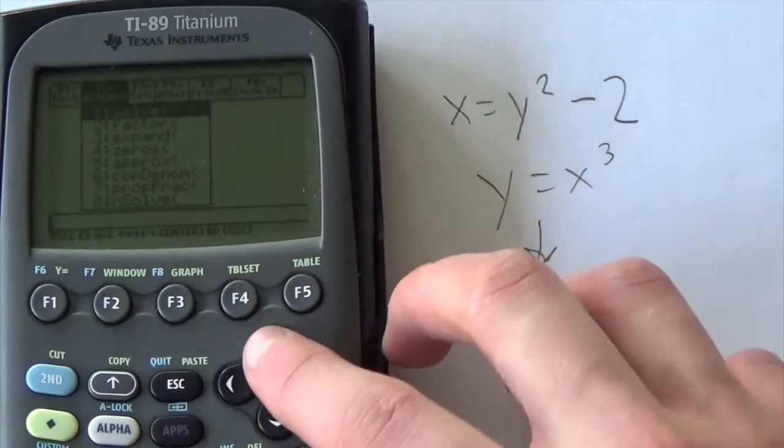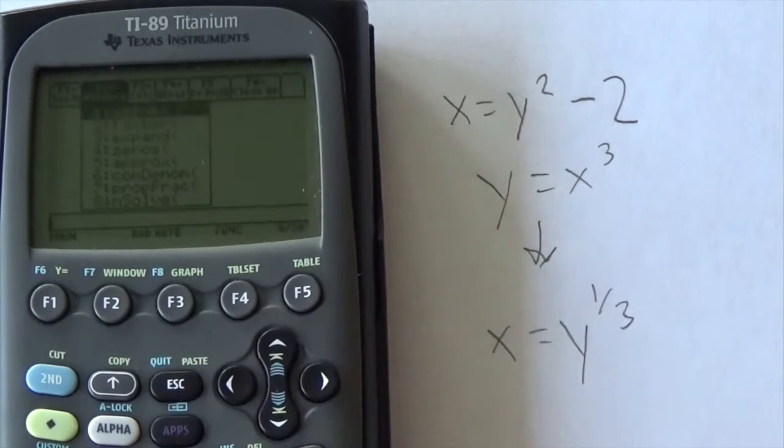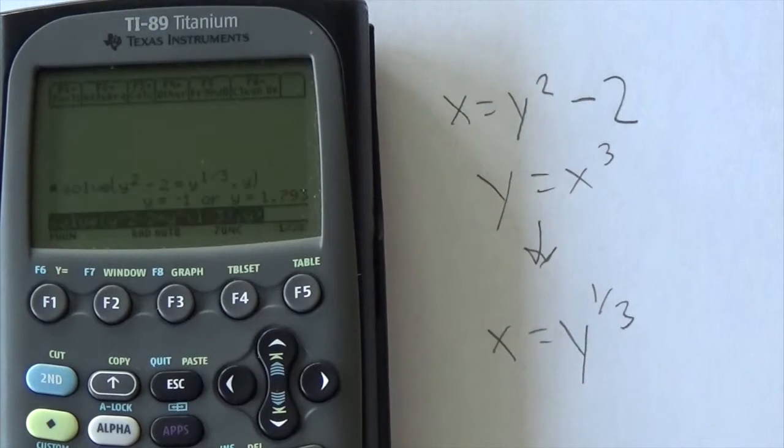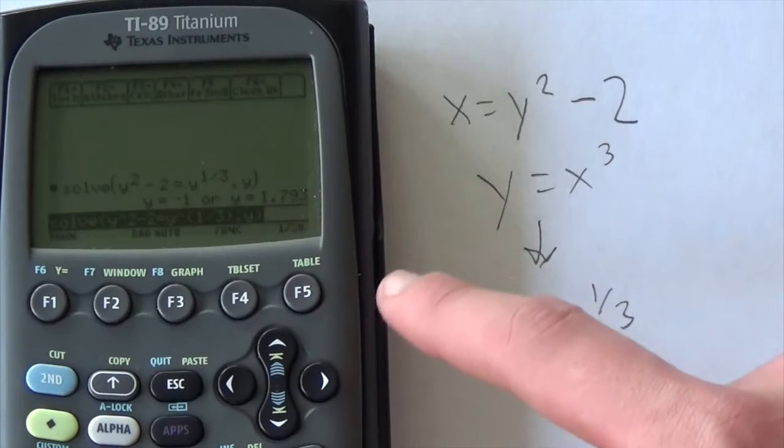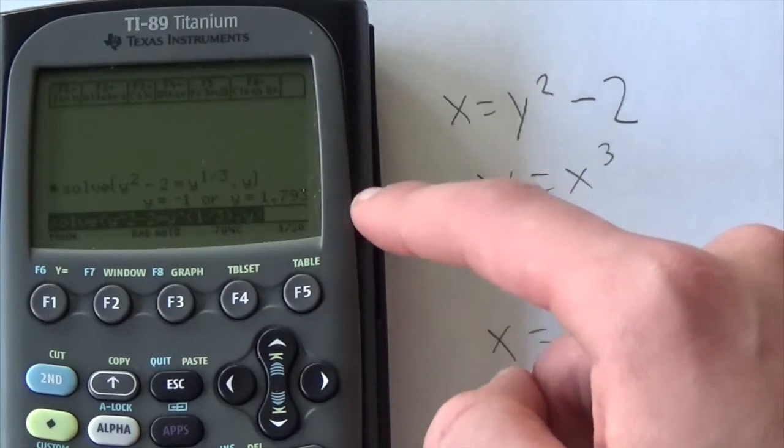We go back to the solve function, and then we type both of our equations, y squared minus 2, set it equal to y to the 1/3 with respect to y, and that should give us 2 points. So those are our 2 points, y equals -1 and y equals 1.79.